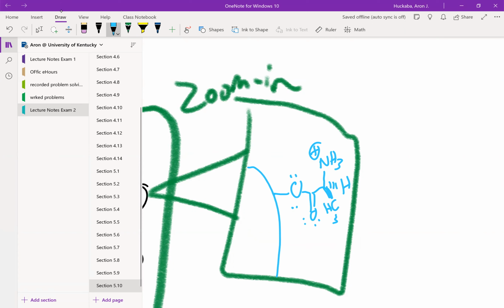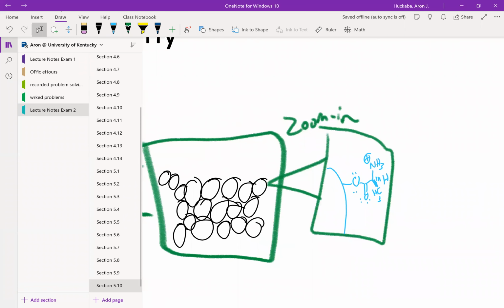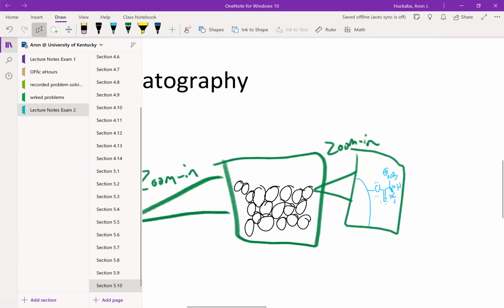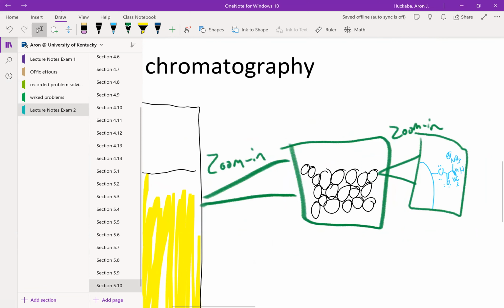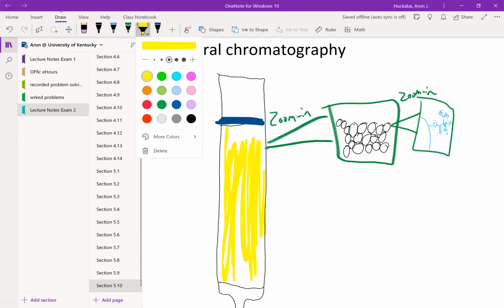And so, because on the surface of each little particle is a chiral agent, and this material is made up of these little particles all smushed together in this giant tube, then you can put in some molecule on the top here. Let's say you put in a solid sample and you dissolve it in some solvent that it's good with. It could be water or some other organic solvent.